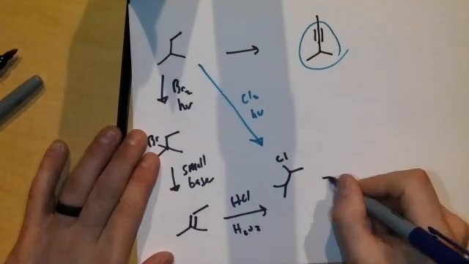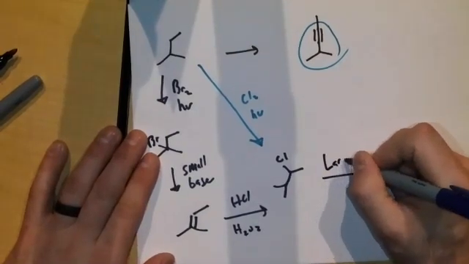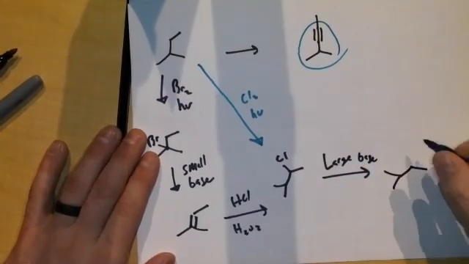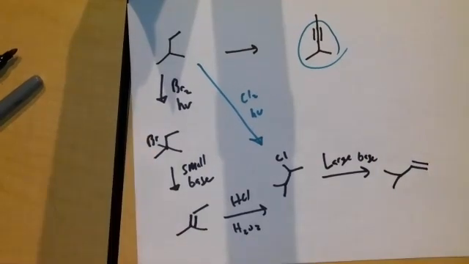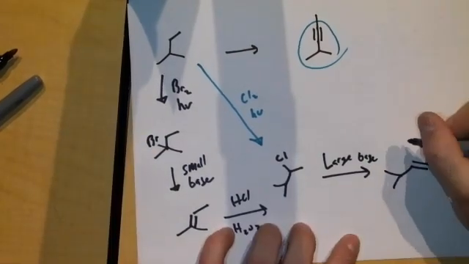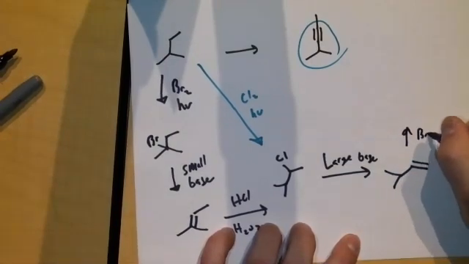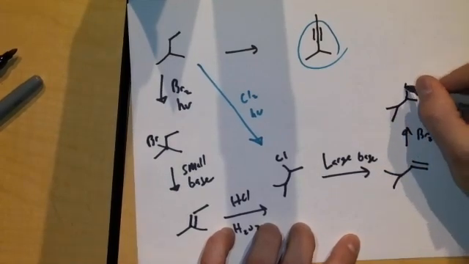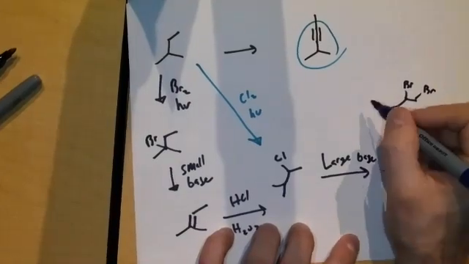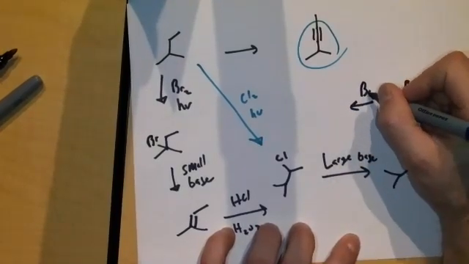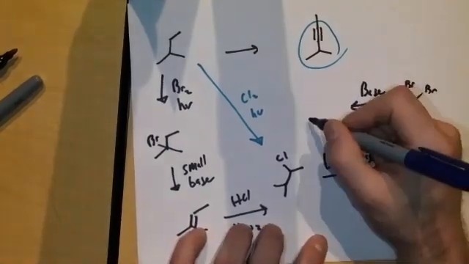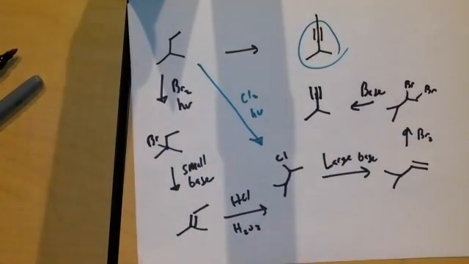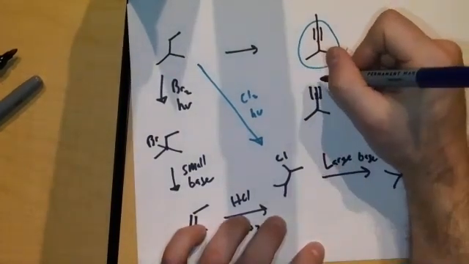So throwing in a large base can put our double bond here, Br2, let this dibrominate, we can dieliminate, and then from this point, all we have to do is alkylate and get to our final product.